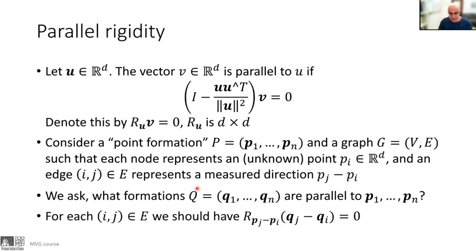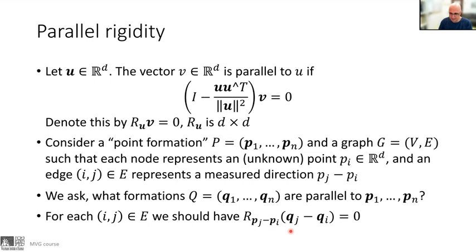Clearly, using the equation I showed you before, for every edge in E, I need to write the projection matrix R_(Pj minus Pi), which is composed as we did here, times Qj minus Qi equals 0. Is it clear? So we simply write this equation for every edge.